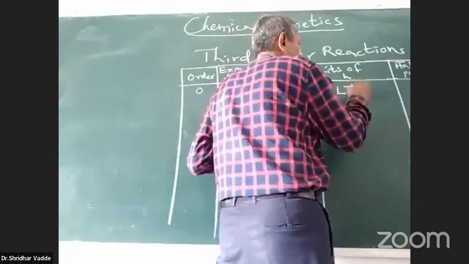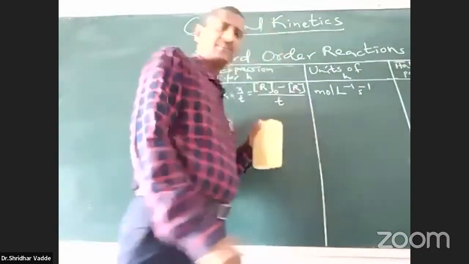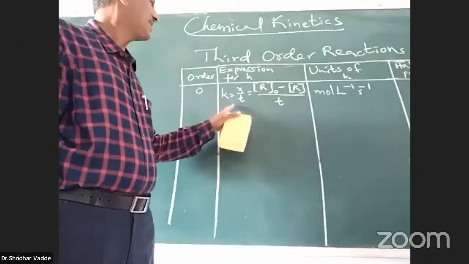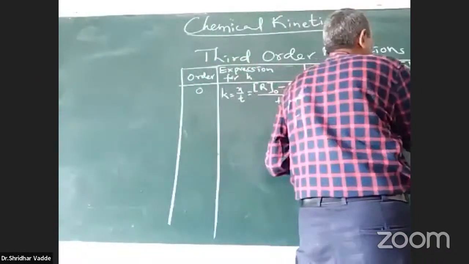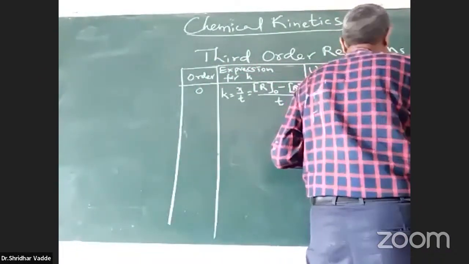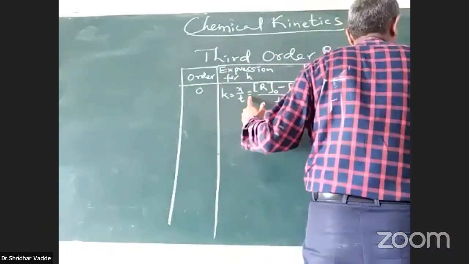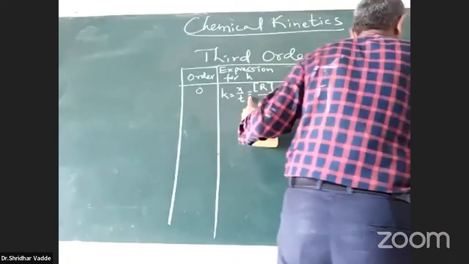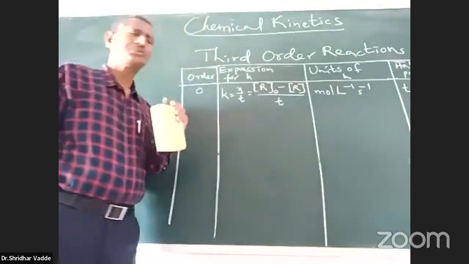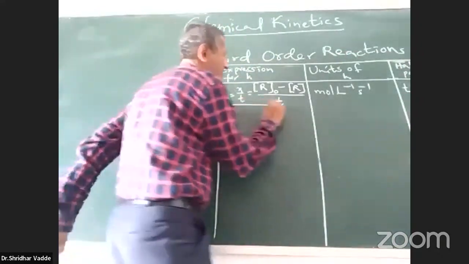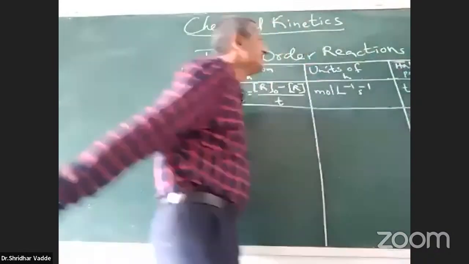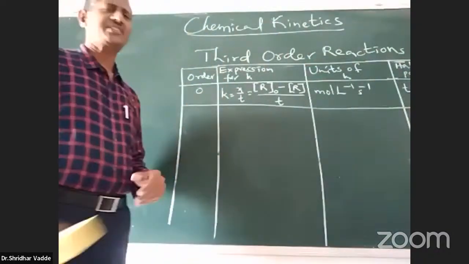Moles per liter per second. And what is half-life? T half is equal to what here? A by 2k. This is related to zero-order reactions.